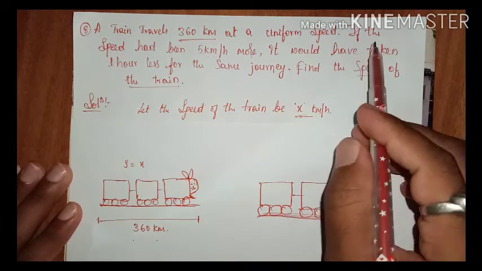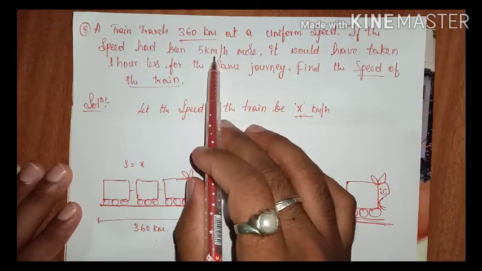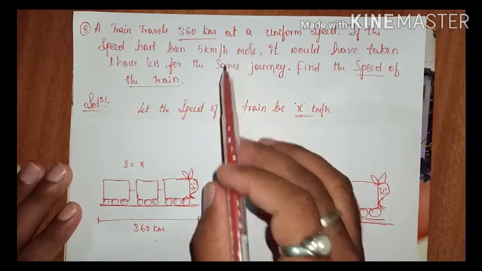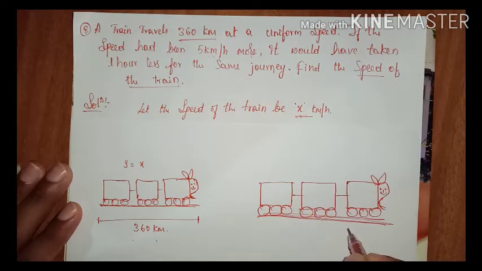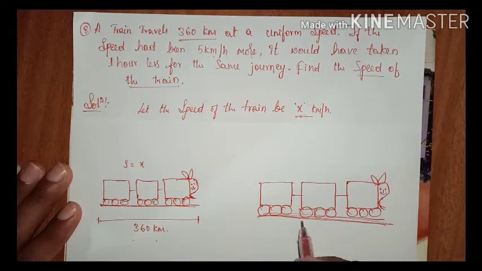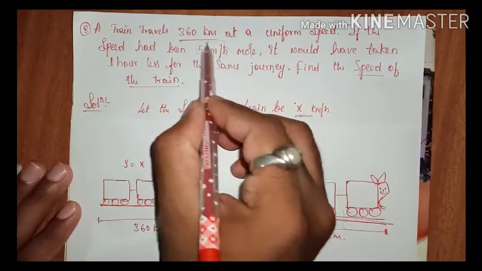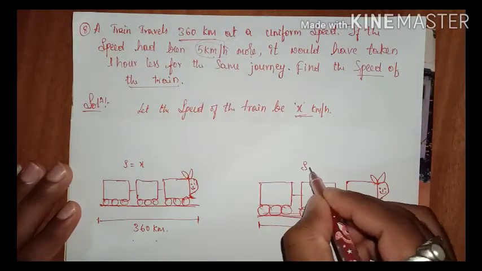Now what I am doing, the speed has been increased by 5 kilometers per hour. So let us consider the same train at a different time. It will also travel 360 kilometers, but what about the speed? It is increased by 5 kilometers per hour.